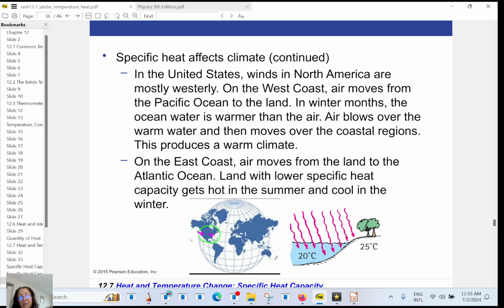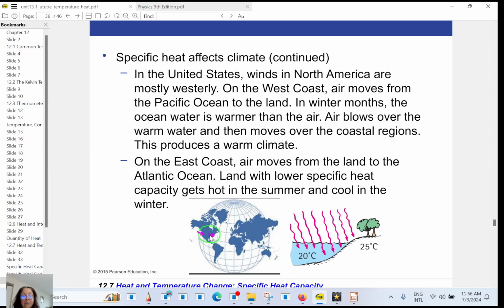But if you look at those eastern cities, like New York City, all those states by the Atlantic Ocean, the temperature will be more extreme, because the wind goes from the land to the west and the land has a lower specific heat.